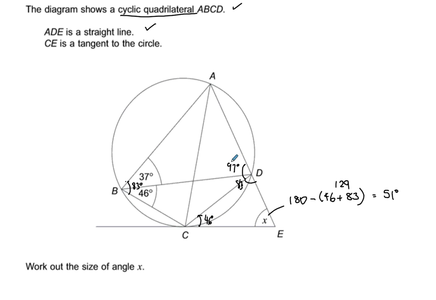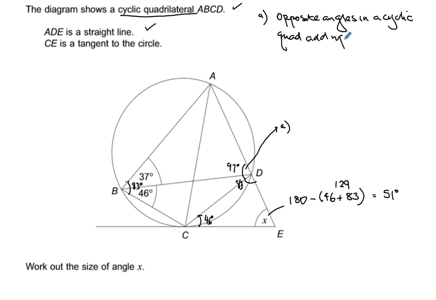So the first thing we did was say that 97, which was A, and the reason, of course, always get the reason: opposite angles in a cyclic quadrilateral add up to 180. Of course, you have to write the whole thing.